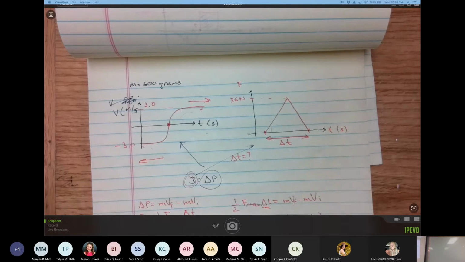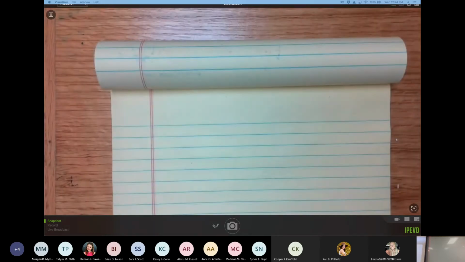Okay, so we're looking at this conservation of momentum. We're looking at this impulse momentum equation. But imagine that you have an event like a collision or an explosion that involves either forces that are really big or times that are really, really short.